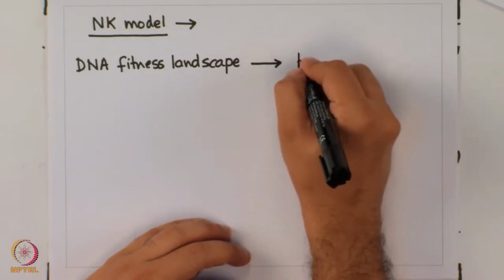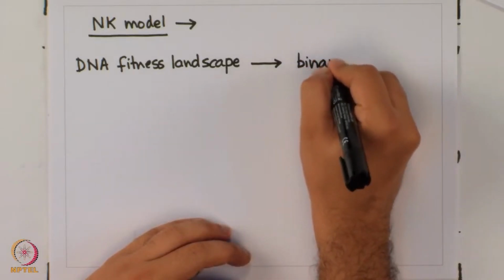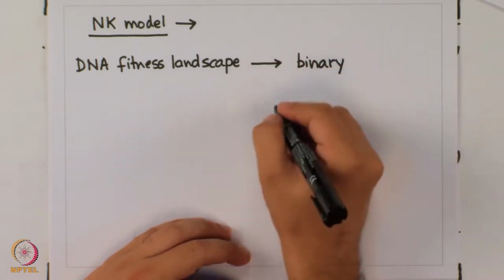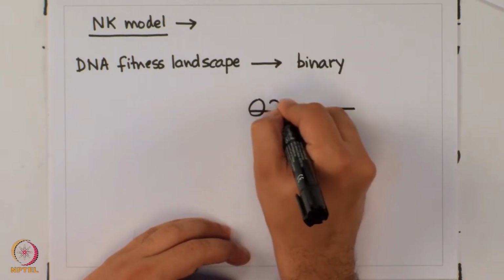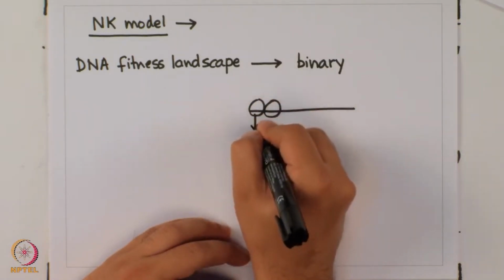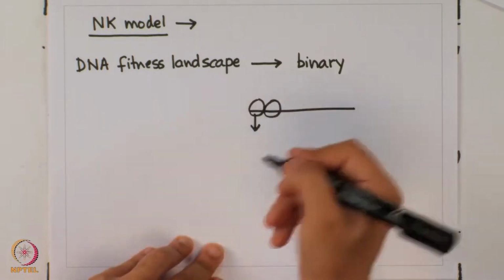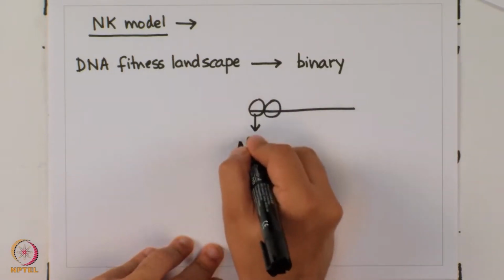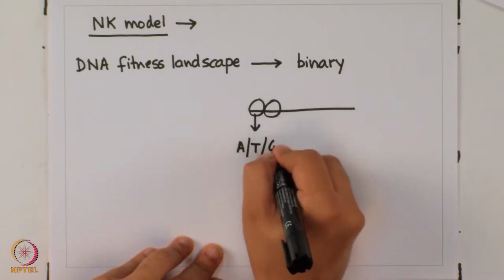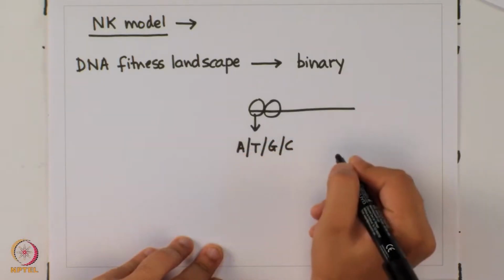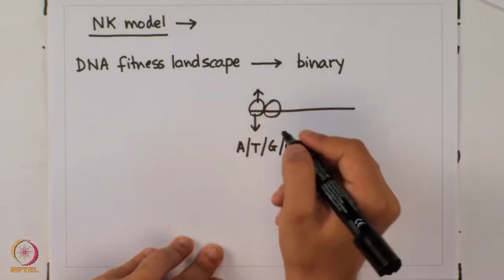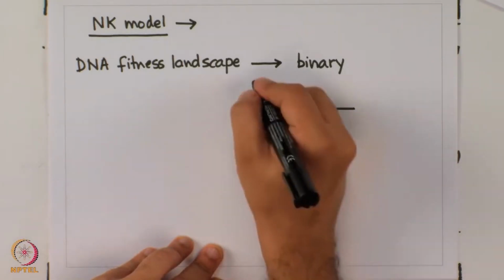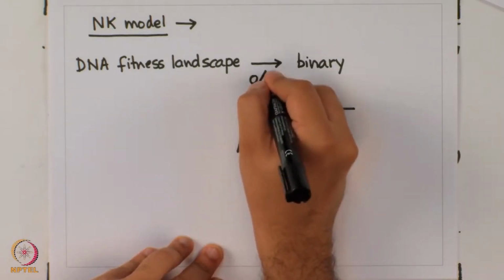What that means is that at every position on the string, whereas we know that on an actual DNA string this position could be occupied by any of the 4 nucleotides A, T, G, C, the big assumption that this model makes is that it could only take a value of 0 or 1.